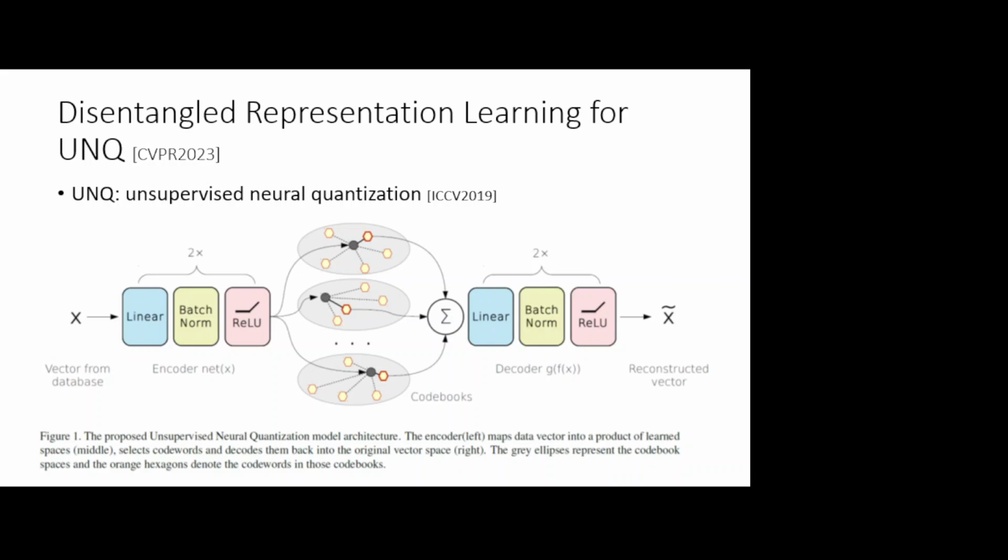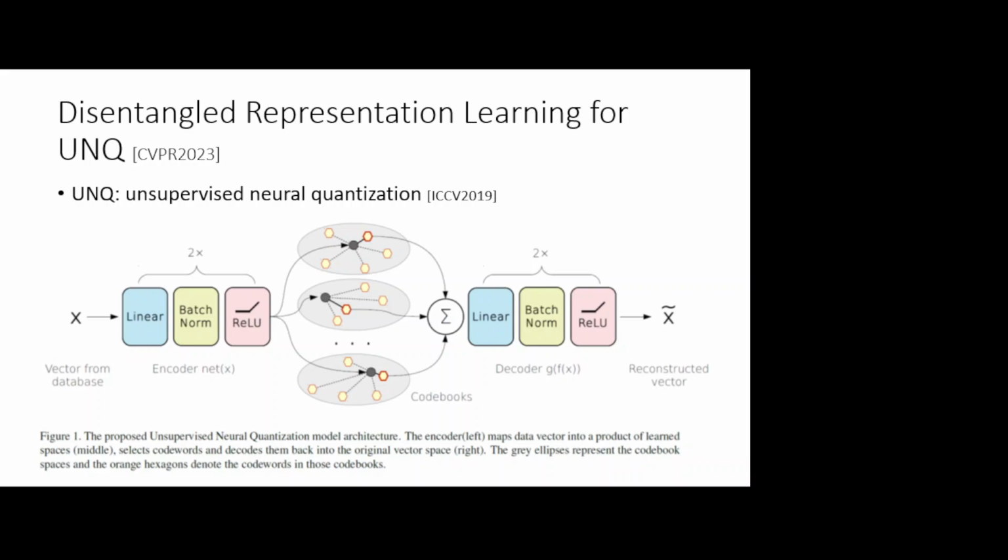UNQ is a paper published in ICCV 2019. It's called unsupervised neural quantization. And UNQ can be formulated like this. It's a very simple architecture.